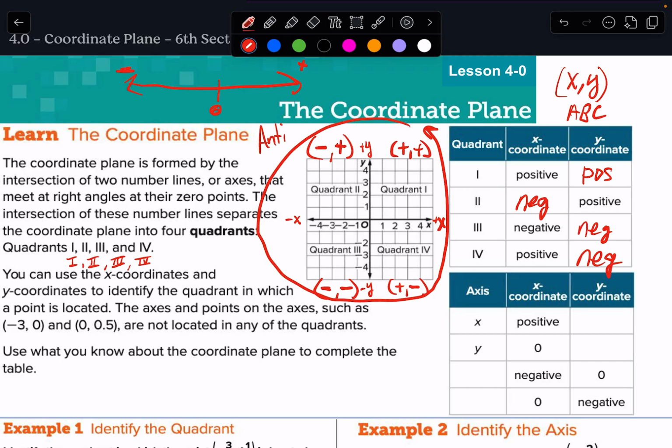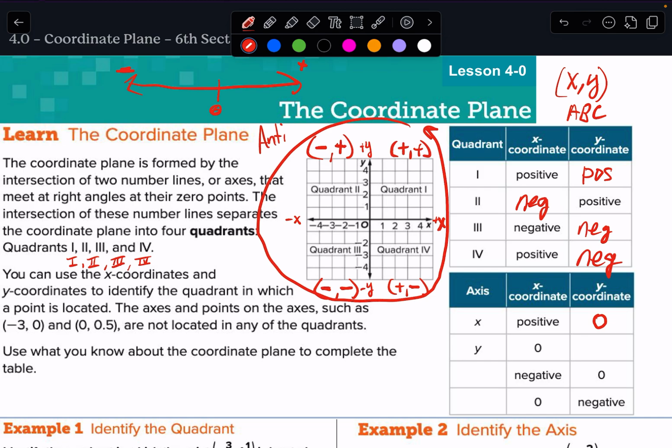Okay. Now, if you're on the axes, if you're on the x-axis and your x-coordinate is positive, your y-coordinate is 0. Because you're not up and you're not down. Okay, you're just left, right. You're not up, down.